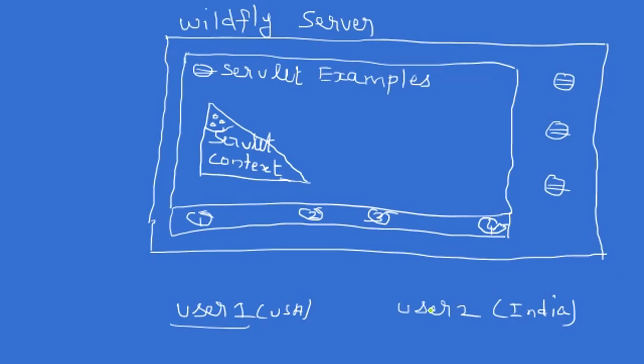One user is from USA and another user is from India. First, let us consider both users go through servlet 1. If you see, they both access the same servlet context object. Even if user 2 goes through servlet 3, they still access the same servlet context object.